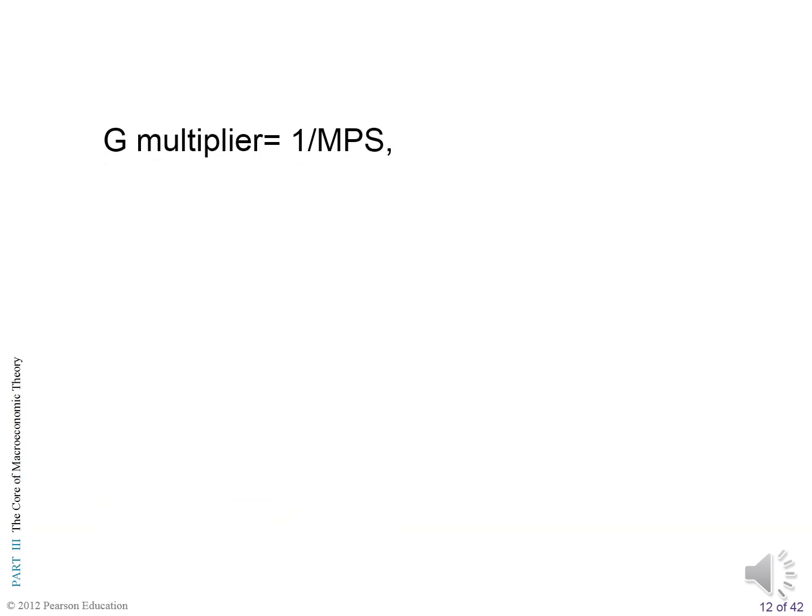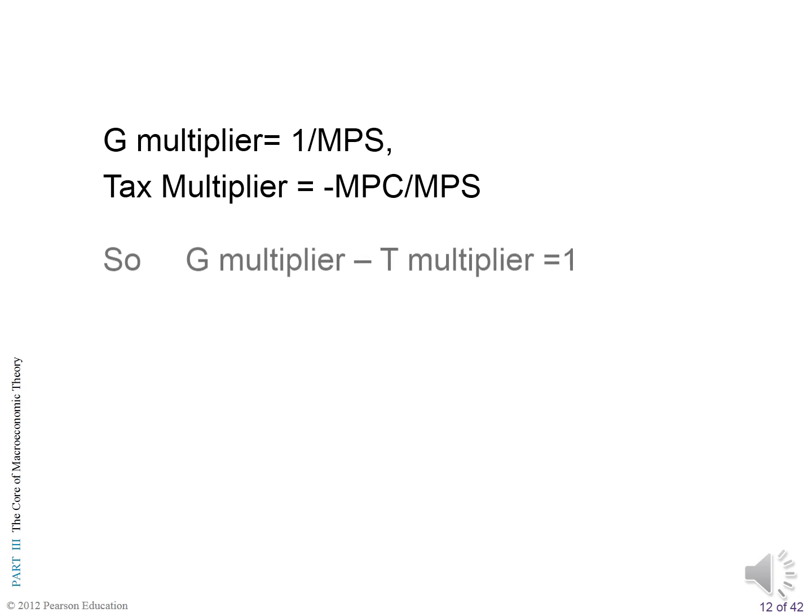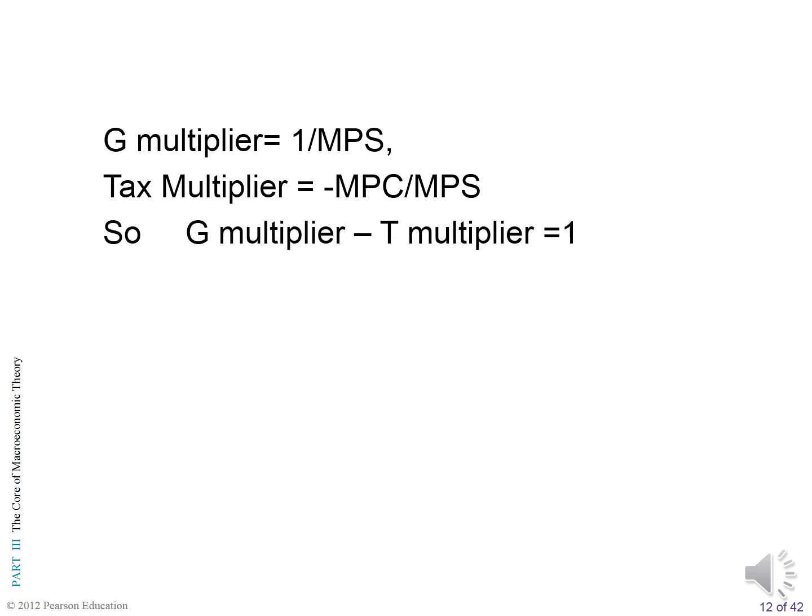Okay, let's see the relationship between the G multiplier and the T multiplier. G multiplier equals 1 over marginal propensity to save. T multiplier equals negative marginal propensity to consume over marginal propensity to save. Let's put them over the same bottom, and the top gives 1. So G multiplier minus T multiplier equals 1.